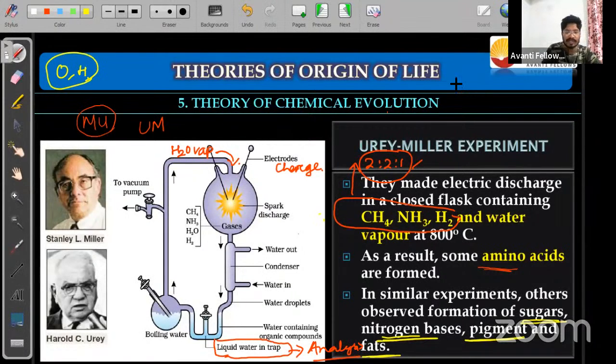The experimental proof was done by Urey and Miller, UM. They proved it experimentally. So this is all about your theory of chemical evolution.